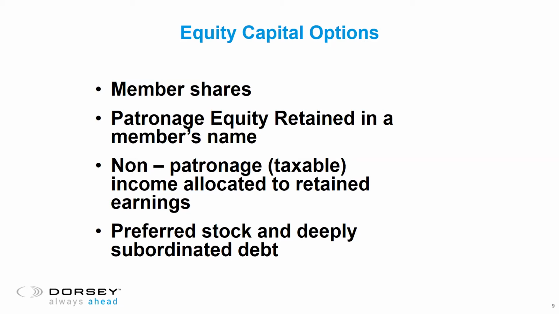When profits are made in a co-op, the profits are allocated to the members based on their usage. And part of it for most co-ops has to be paid in cash, 20%, in order to be tax neutral. For some co-ops, that's not the case. And that retained equity is in a member's name and in the capital section of the balance sheet.